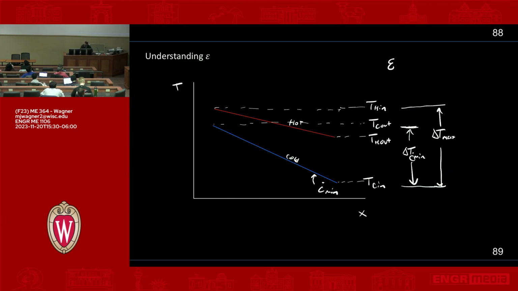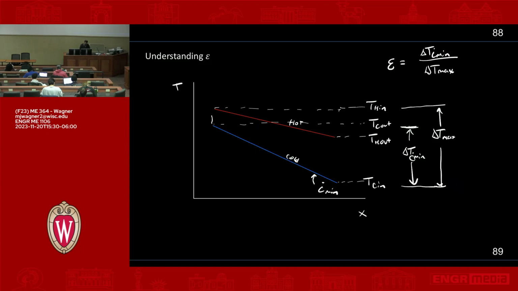So if you wanted to figure out what the effectiveness was, a good surrogate for that, aside from doing the heat transfer analysis, is to look at the temperature stream that changes the most, that delta T, over the maximum possible delta T. Another way to convince yourself of this is to consider the case where the heat exchanger was infinitely long.